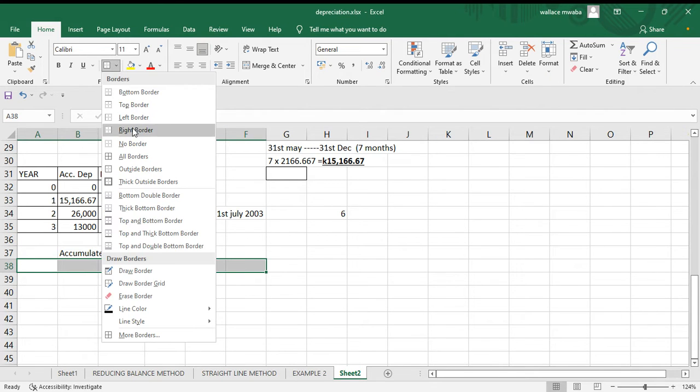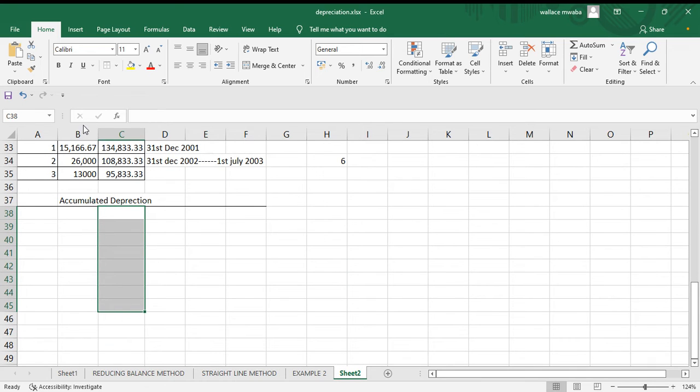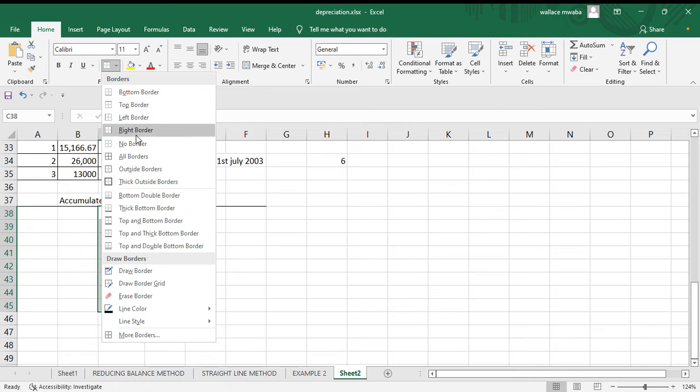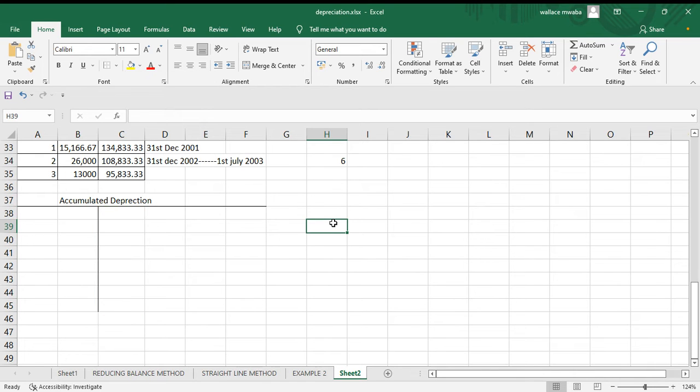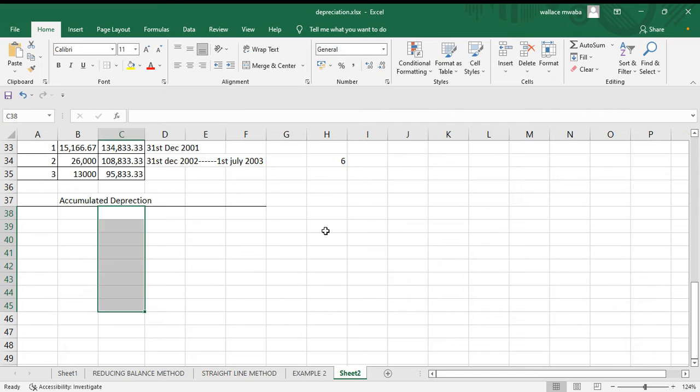Just underline the top border. Our T account here. Oops, not there. I'll put it to the left. All right. So we have accumulated depreciation. We'll say on 31st December 2001.